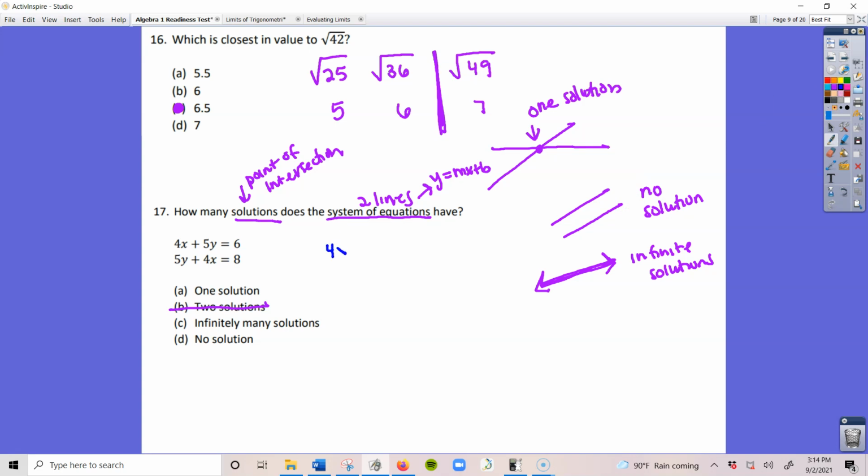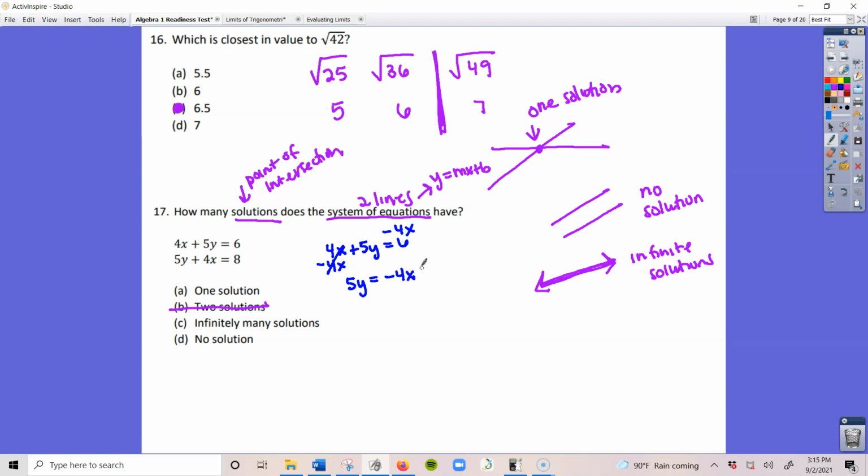We have 4x plus 5y is equal to 6. I need to get the y by itself, so I'm going to subtract the 4x. That would give me 5y is equal, now the equation of a line, the x part goes first. So I'm going to put the minus 4x first.